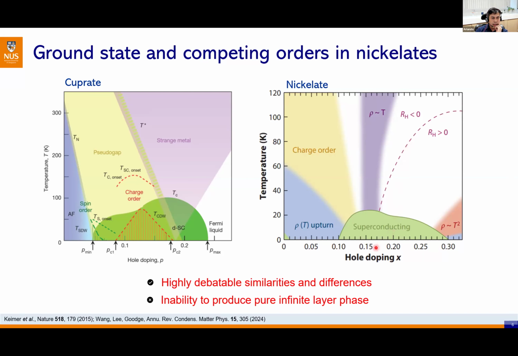So I'm trying to argue today, based on the point that we are unable to really produce the pure infinite layer phase, that all of the effects that we are seeing might be related to this non-pure infinite layer phase.